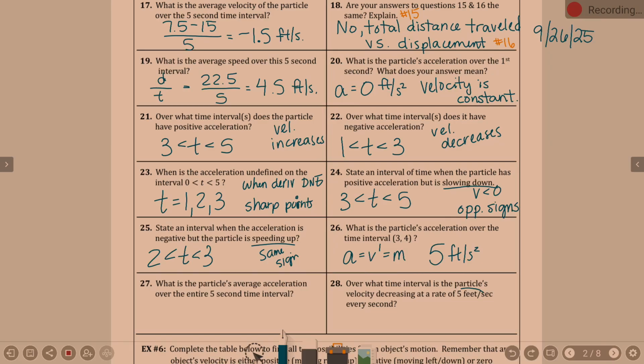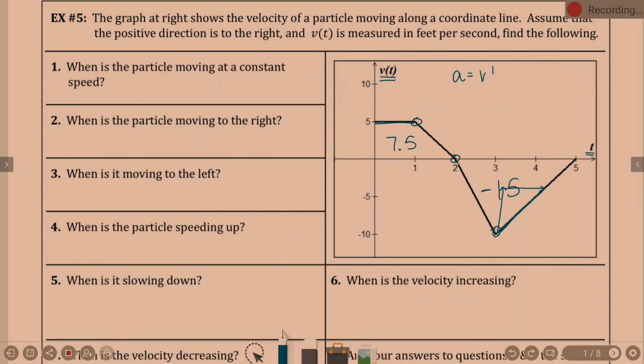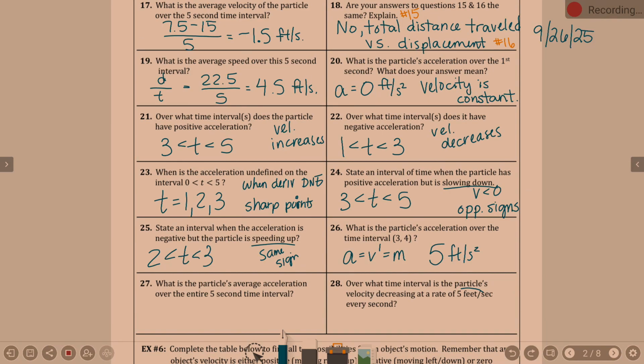So you look at the velocity at 5 minus the velocity at 0, over 5 minus 0. So when they say average acceleration, it's velocity at 5 minus the velocity at 0, over 5 minus 0.